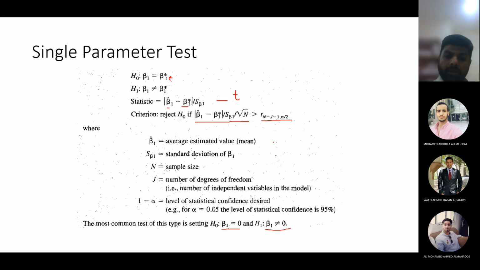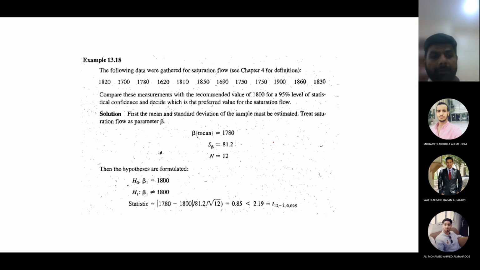Let us look at an example. We have data of saturation flow. Saturation flow means maximum flow. I'm not going into detail right now, it is part of traffic engineering. Saturation flow means the maximum flow you can have from a facility. So these are the values which are taken for maximum flow.